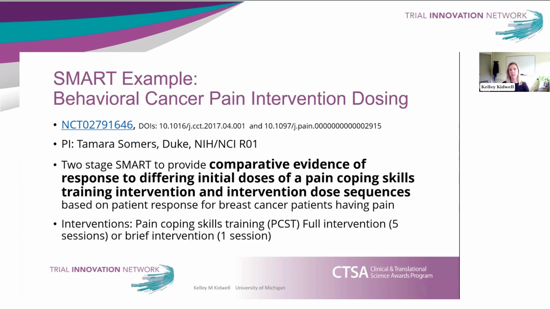So you can really see how you could think about the protocol for a SMART, and then how you would present the results. This looks at different doses of a behavioral intervention called pain coping skills training, and what to do best after an initial dose level of this training. The initial interventions are either a full version, which is 5 sessions, or a brief intervention, which is 1 session.